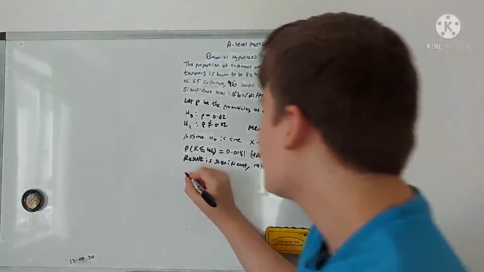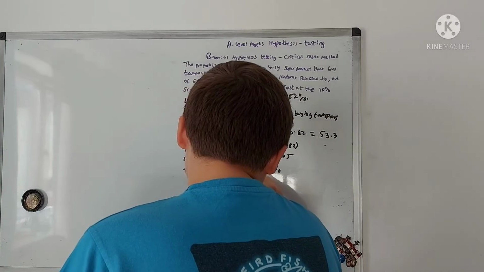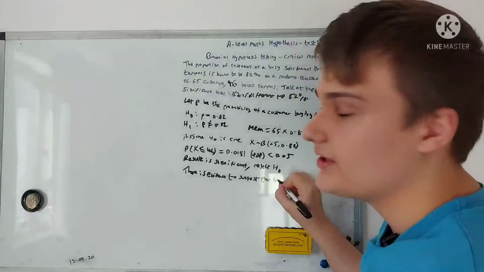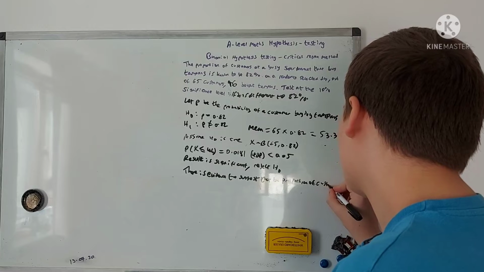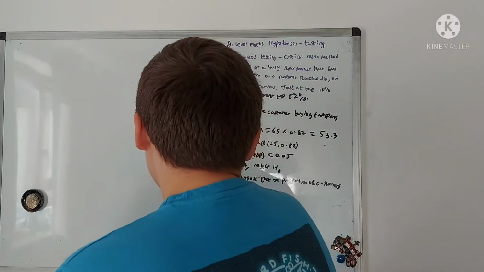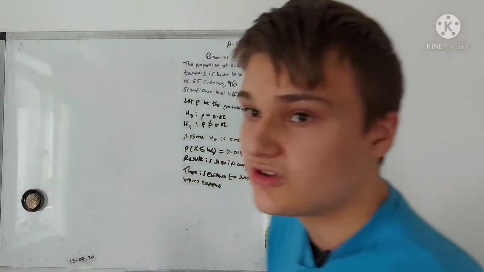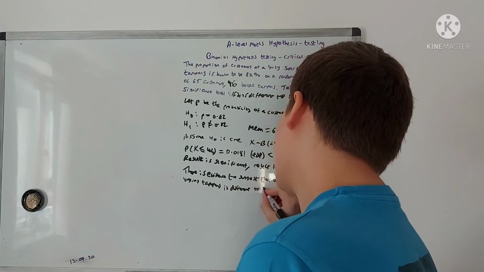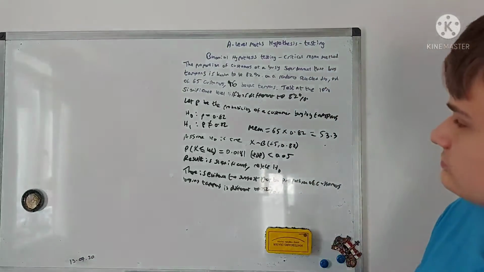And then we say there is evidence to suggest that the proportion of customers buying tampons is different to 82%. Okay, and that is how we can do this using our normal method.